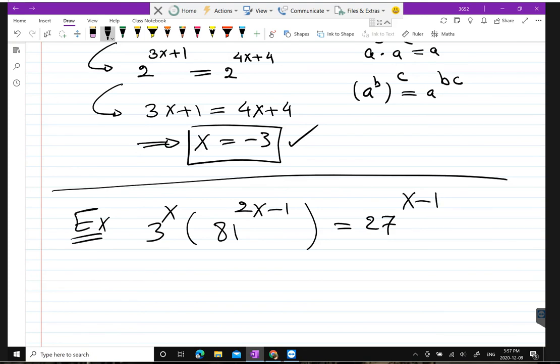You can see, even though the bases are not the same, we can make them the same. So 3 to the power of x is fine. 81 is 3 to the power of 4, and then to the power of 2x minus 1 is equal to, 27 is 3 to the power of 3.